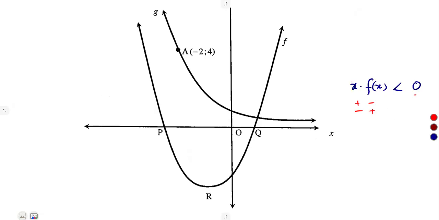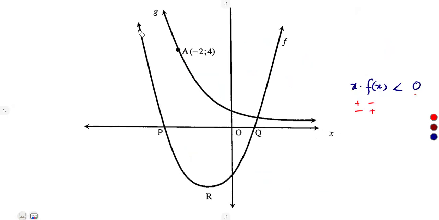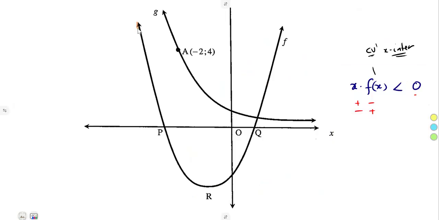So what are the critical values? We're talking about f of x. So for f of x, we consider x-intercepts or the asymptotes, where our f in this case is a parabola, as you can see. So our critical values will be the x-intercepts at p and q.